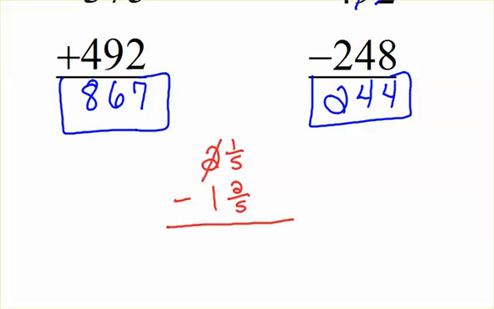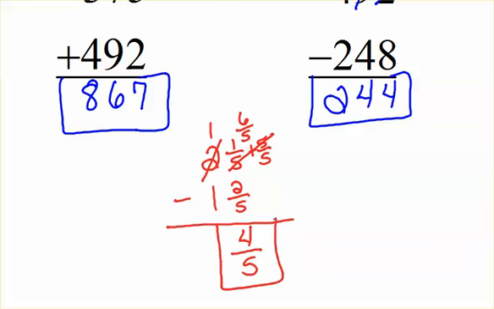So we would have to borrow 1 from this 2, but we would have to turn it into a fractional amount. So we're borrowing 1. Well, 1 is 5/5. So when you add 1/5 plus 5/5, you actually have 6/5. And then we can take 6/5 minus 2/5, which would be 4/5. And we can take 1 from 1, which would be 0. So our answer would be 4/5.